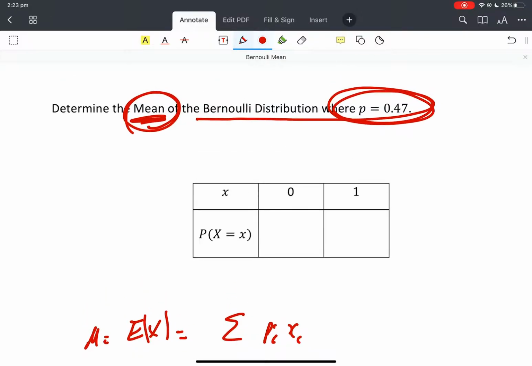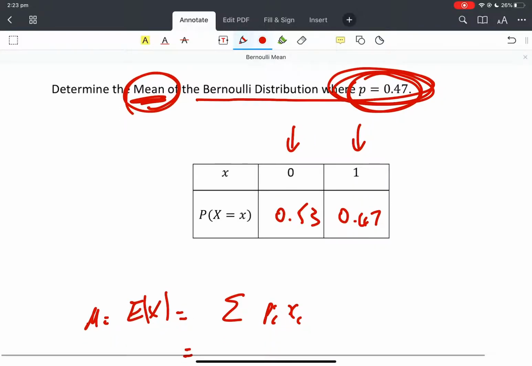You know that in a Bernoulli distribution, we're either going to get 1 success or 0 successes. So here, p is success. So if I get 1 success, it's 0.47. That means this is failure. That would be 0.53.